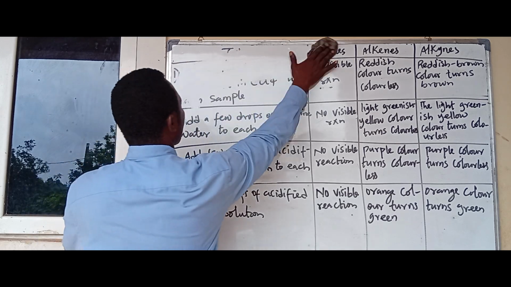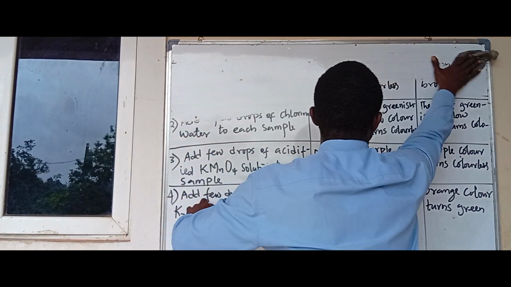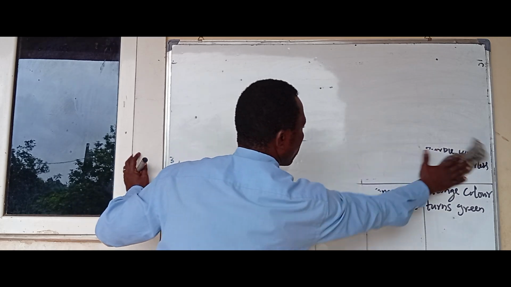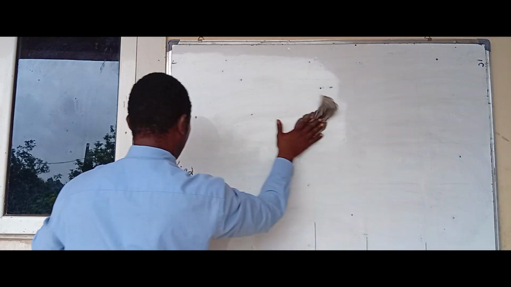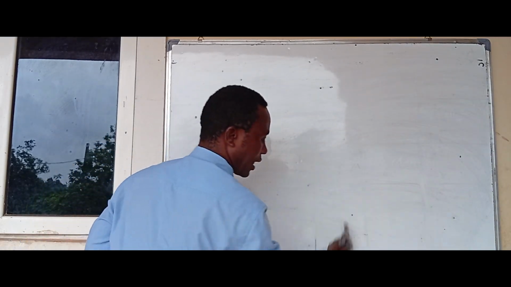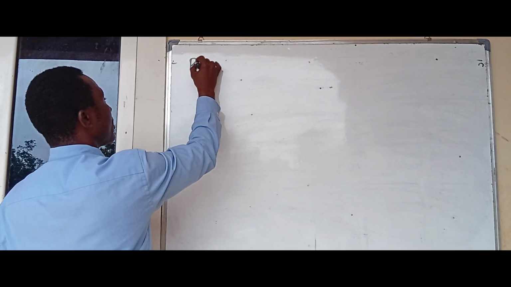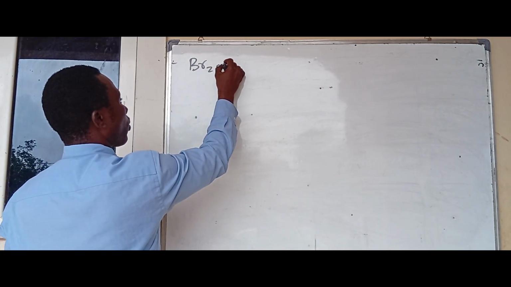Now, if we are to summarize, we see that we have four compounds that we can use to differentiate. One is bromine water.